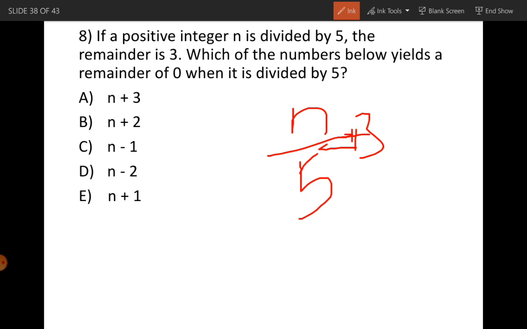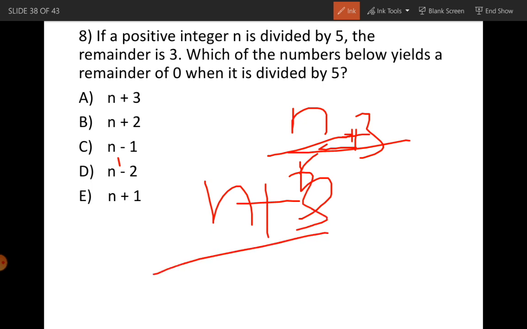What they are asking is, n divided by 5 leaves remainder 3, and which option can be divisible by 5. So the question is about n plus 3 divided by 5, where n is completely divisible by 5. Okay, let me solve this one.